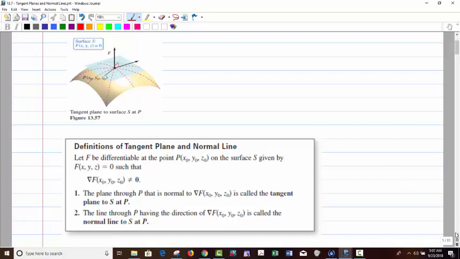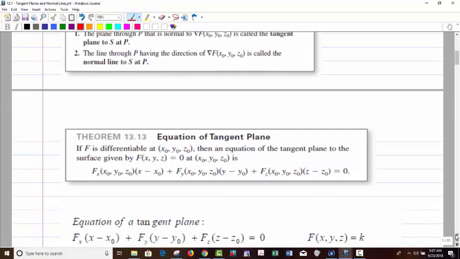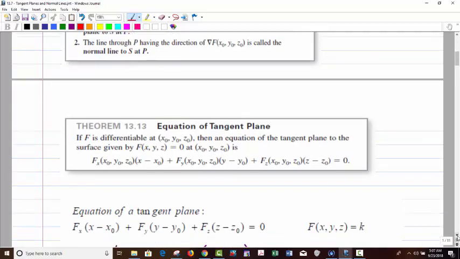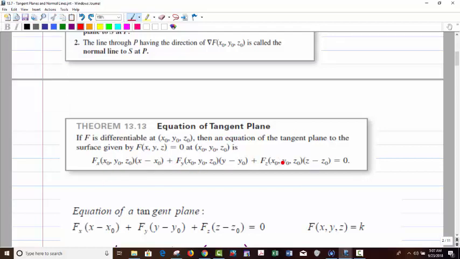Alright, let's try this out here. Equation of a tangent plane. We had the idea of a tangent plane way back in that same section I just mentioned, where A, B, and C were the values in front of x minus x0, y minus y0, and z minus z0.